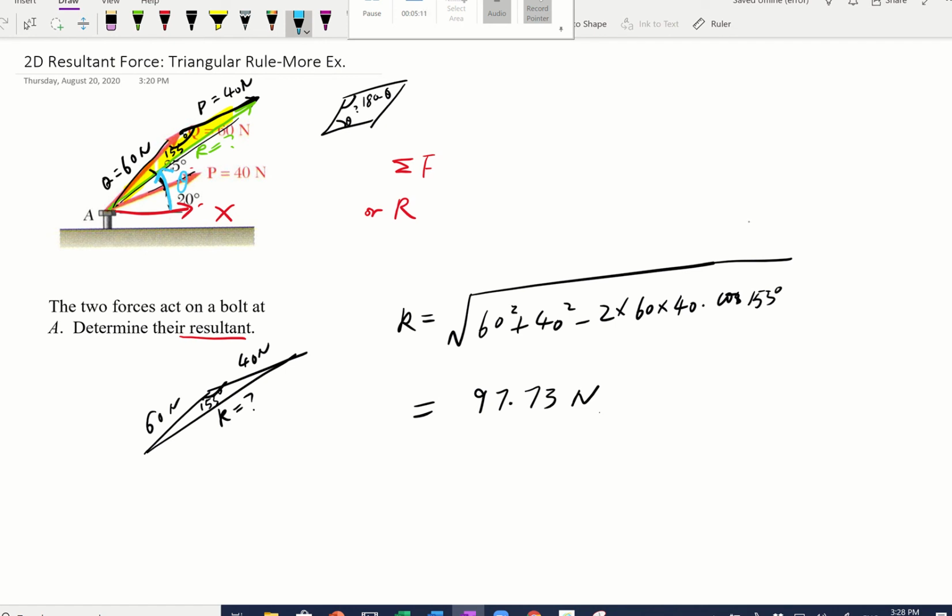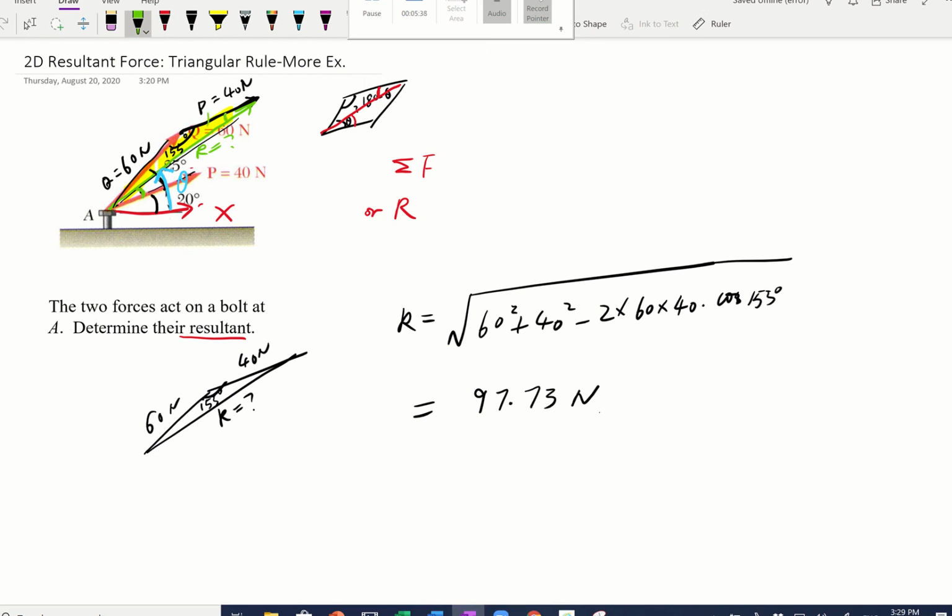Remember this angle is already given, it's 20 degrees. So in order to do that, we just need to solve this angle. Using the parallelogram characteristic, this angle will be the same as that angle.